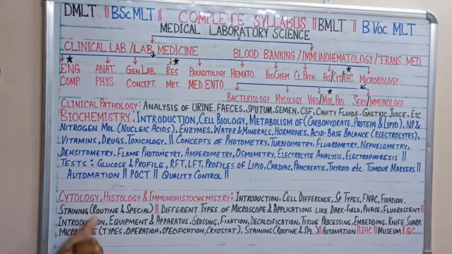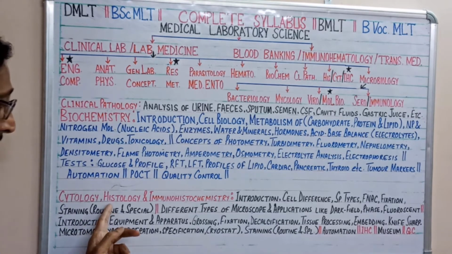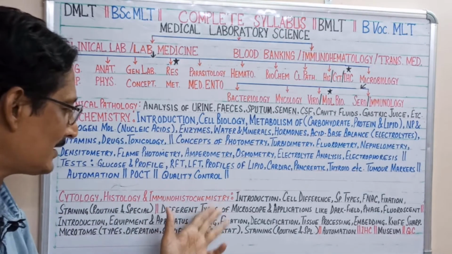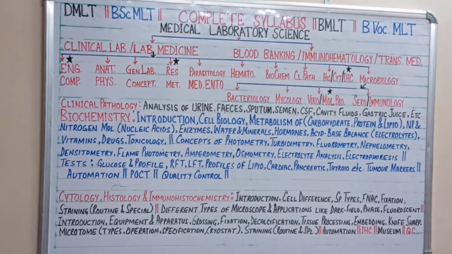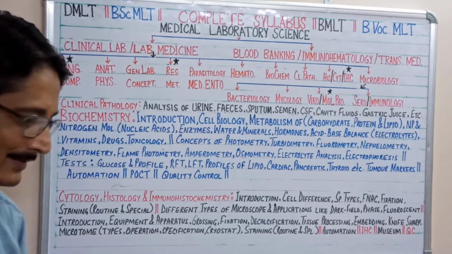Now, cytology means: cyto stands for cell, that is the study of the cells. Histo stands for tissue, a group of cells performing the same function, and histology means the study of the tissue. And immunohistochemistry is the tissue antigen-antibody chemical tests.